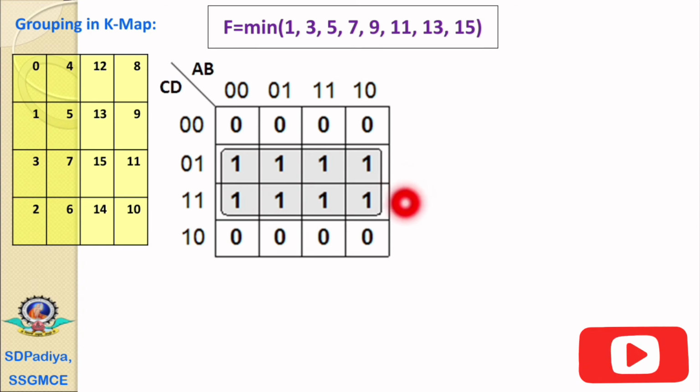These 8 cells are adjacent, therefore we can form a group of these 8 cells called an octet. Entries will eliminate. That is, the A and B will eliminate.